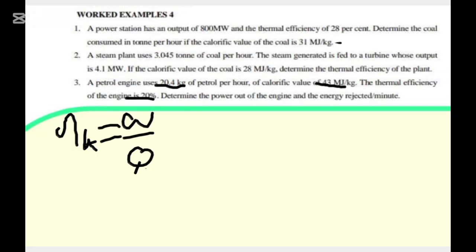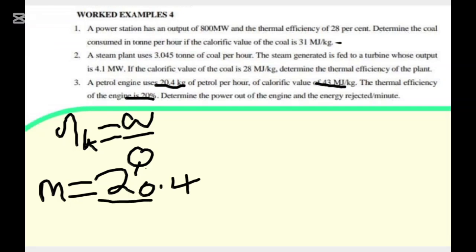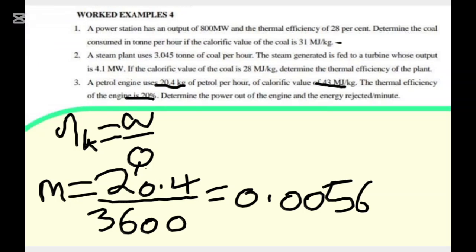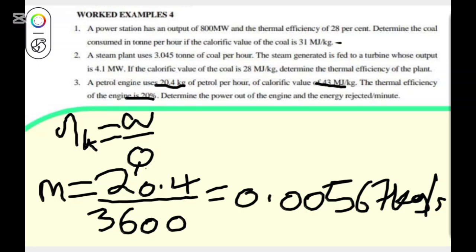The next thing I'm going to do is convert the fuel consumption to kg per second, as I did before. So m should now be equal to 20.4 divided by 3600, which is 0.00567 kg per second.